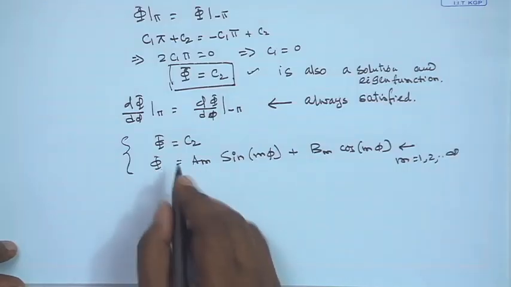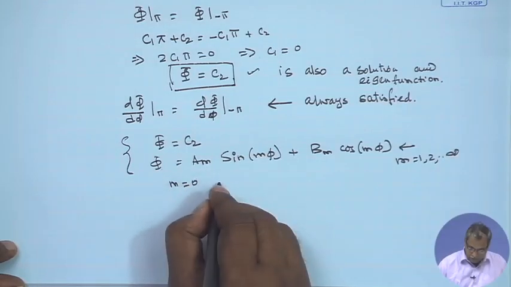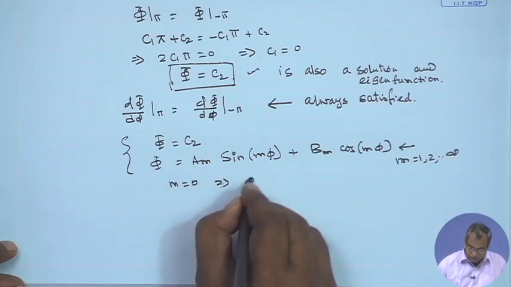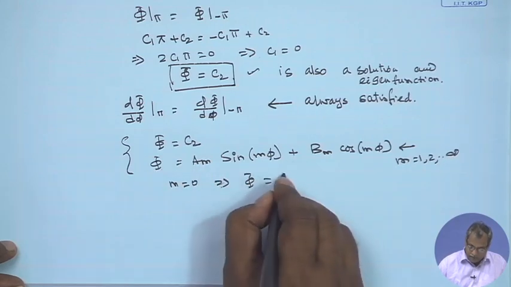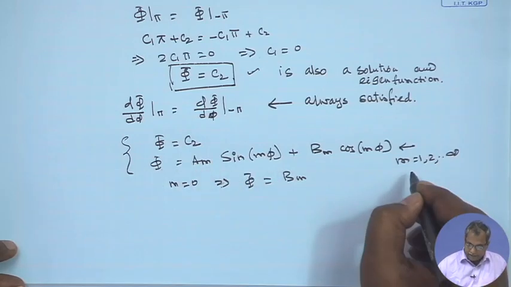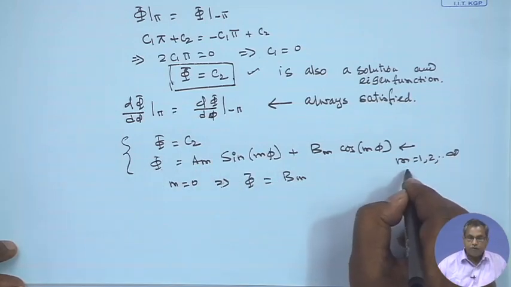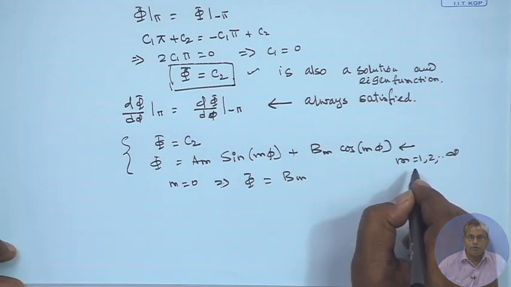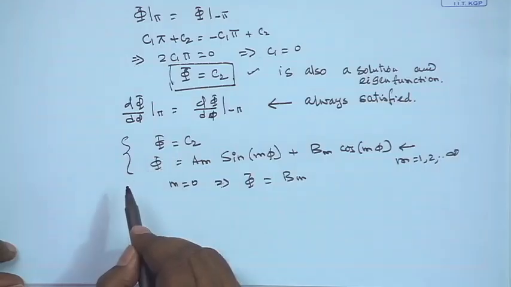Let us see what we get at m equal to 0. At m equal to 0, if I evaluate this equation, sin 0 is 0 and b m will be a constant. So, if I count m from 0 to infinity instead of 1 to infinity, I will be taking care of the eigenfunction phi equal to constant.